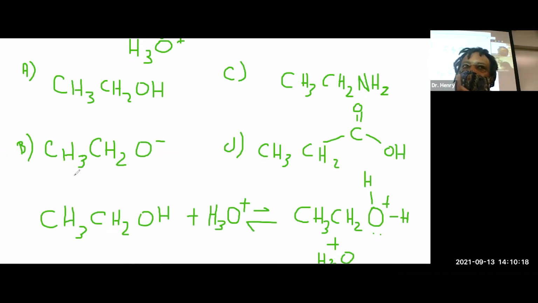So if it's 15, then which way should be favored? It actually should be the other way, right? No. Actually, that's right. Ethanol is 15, and now this conjugate acid is going to have a lower pKa. So then it actually should be favored the other way. So you were right initially, Israel.